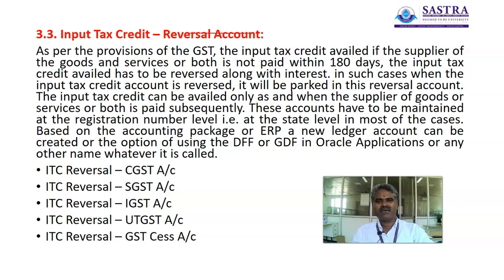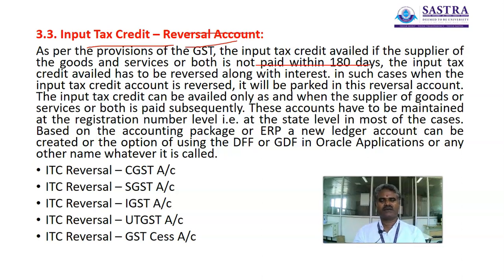Input tax reversal account. When we reverse our account, input tax is also adjusted, but it should be within 180 days, not more than 180 days. Once you claim, reversal means you have to refund to the government within 180 days, otherwise you will be penalized. If you have not returned within 180 days, 24% interest will be charged.